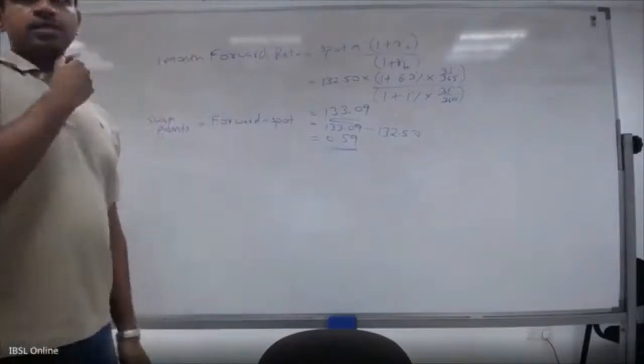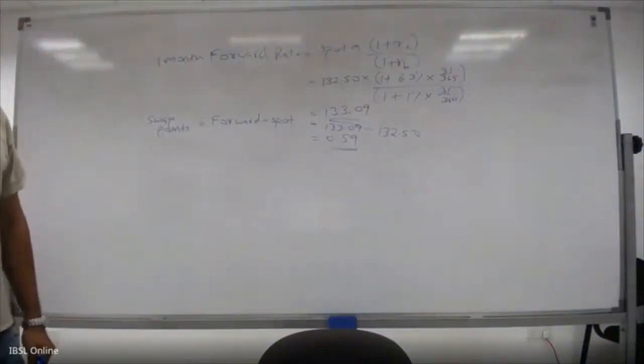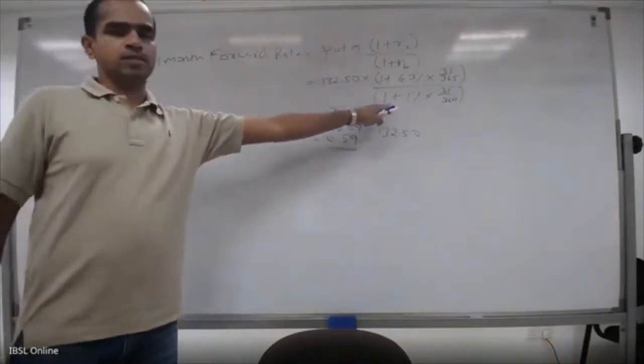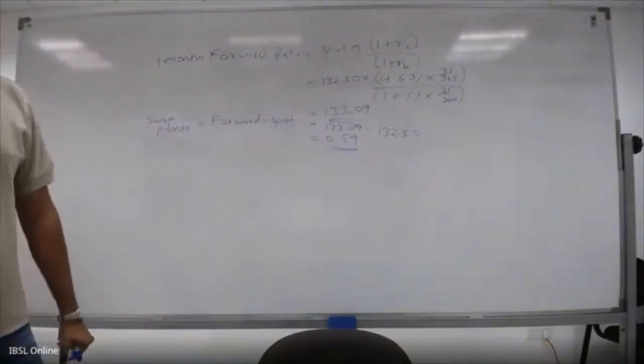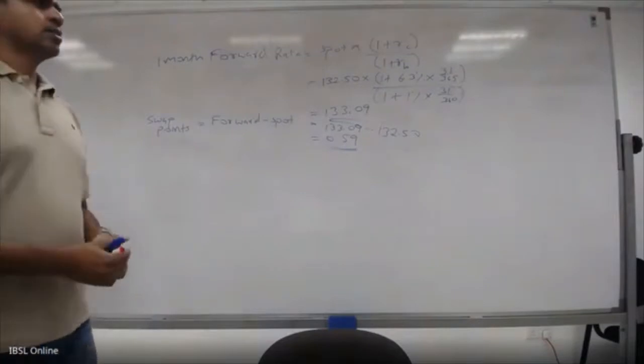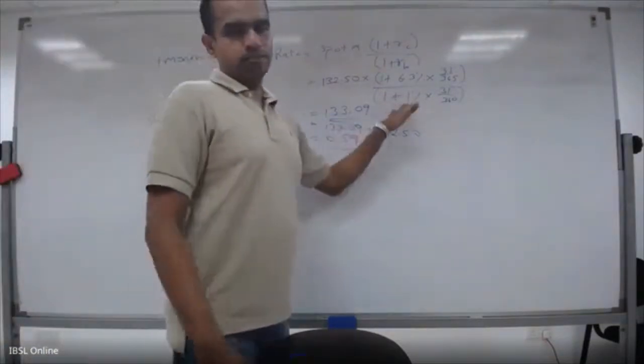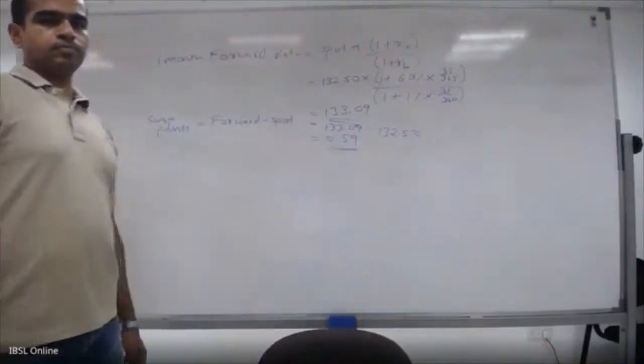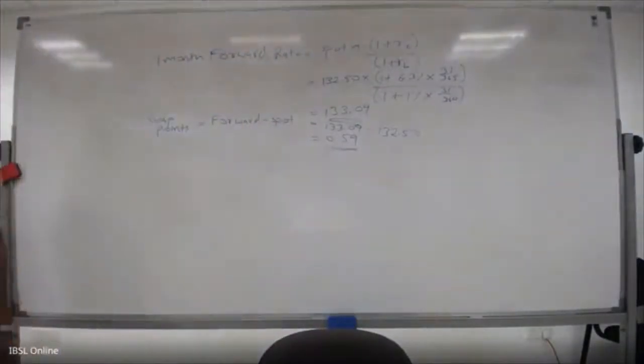That means the dollar has strengthened in the forward. But rupee interest rate is higher than dollar interest rate. Dollar has the low interest rate. So remember, in forward rates, the currency with the low interest rate will strengthen. Currency with the higher interest rate should weaken. You need to remember that concept.